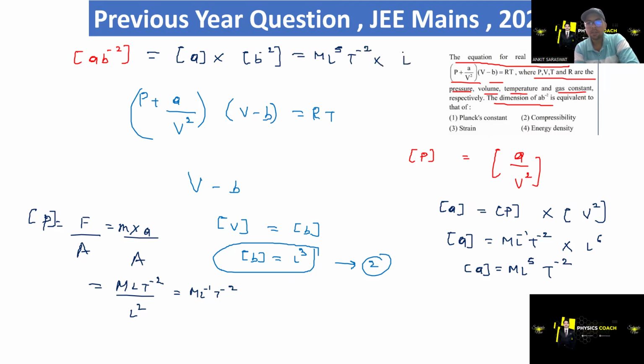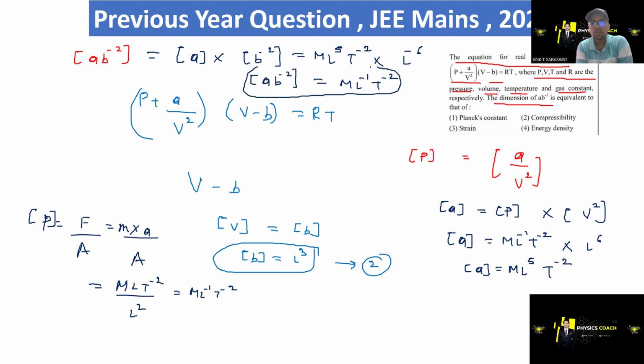So it will be ML⁻¹T⁻². ML⁻¹T⁻² is the dimension of which physical quantity as per the options?